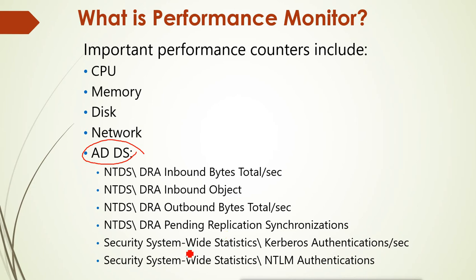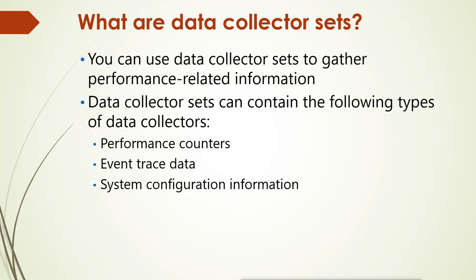Then we can use the security system-wide statistics for Kerberos authentication and NTLM authentication. These are the counters available when we have Active Directory Domain Services installed on the server. We can use Performance Monitor to monitor these counters.